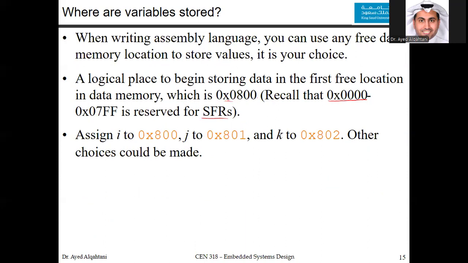So now, since we know this information, we can assign the variable i to the beginning location, 0x0800. j will be 0x0801, and k is the following location, 0x0802. Remember, this is data memory. It could be anywhere, but we chose to make them sequential.